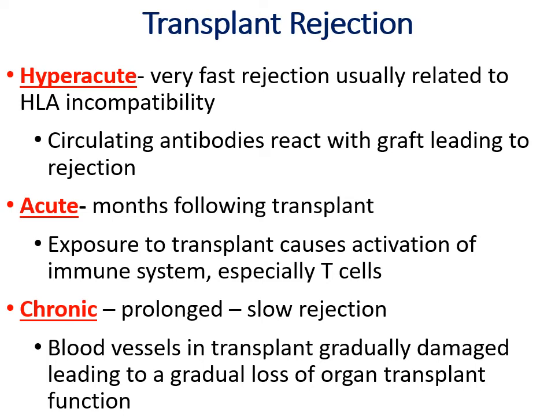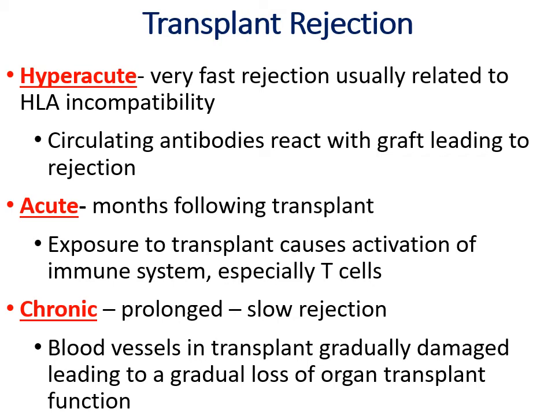So there's circulating antibodies that directly react with the transplanted organ, the graft, leading to rejection. What about acute? Well, that's often months following transplant, and it's exposure of the transplant to the immune system that then leads to T cells directly harming the transplanted tissue.